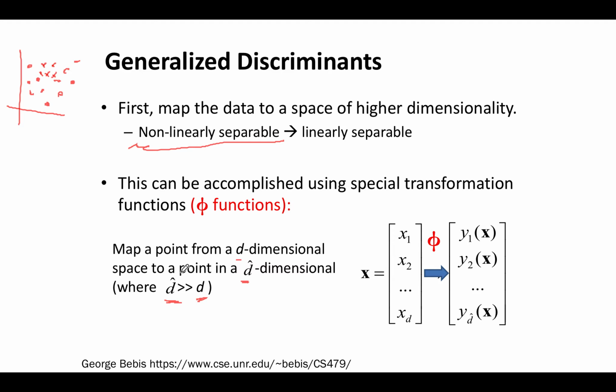And if I do that properly, I can guarantee that no matter what type of data you give me, I can come up with a mapping of that data such that it will become linearly separable. That is always possible, and I'll prove that to you.